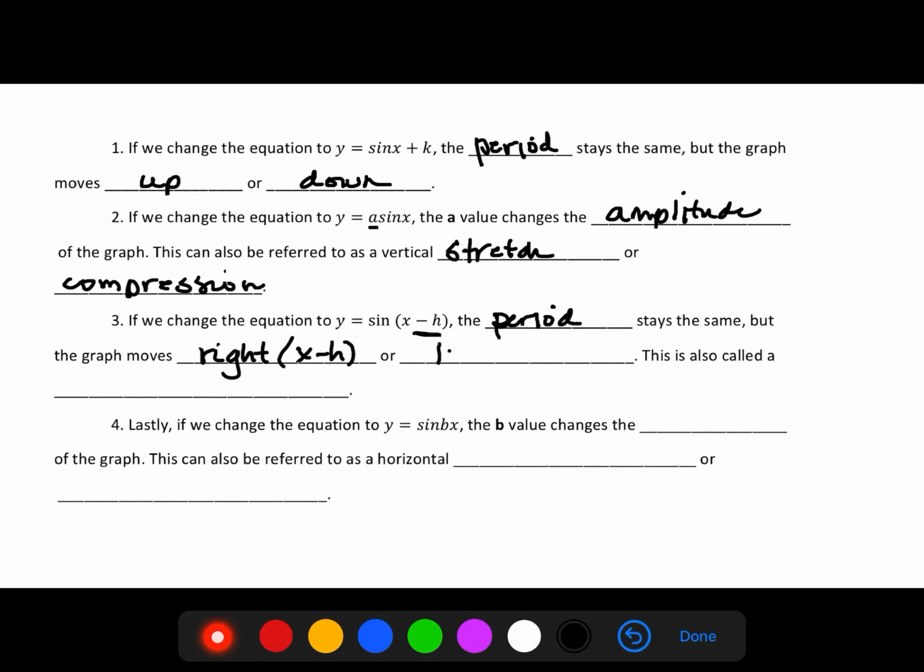But the graph moves right if it is x minus h, left if it turns into x plus h. And this is also called a phase shift. Finally, if we have a b value in front of x, it is going to change the period or the horizontal distance for one cycle, and it's also referred to as a horizontal stretch or compression.